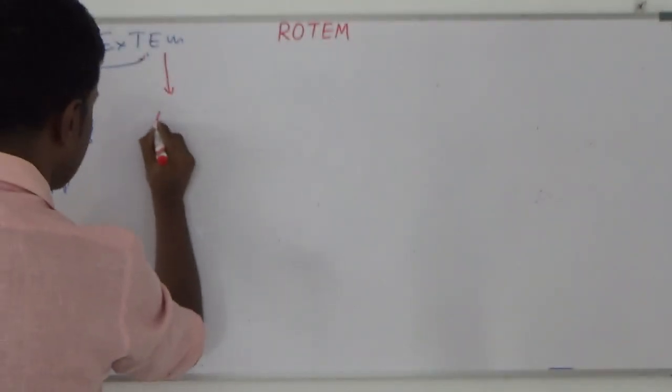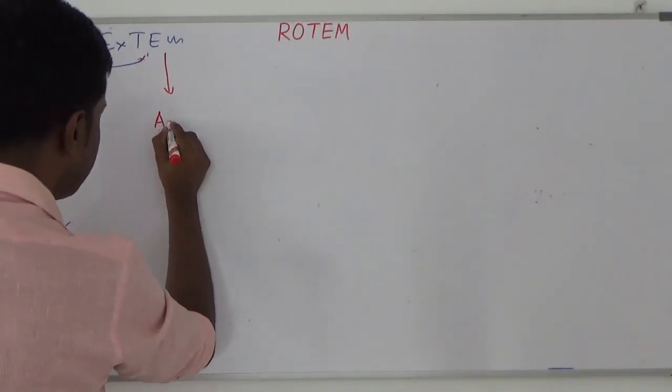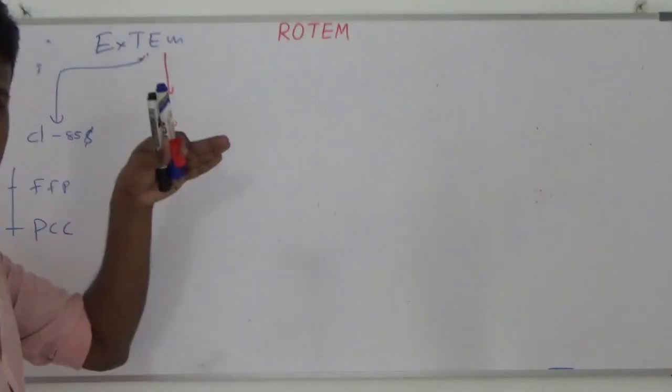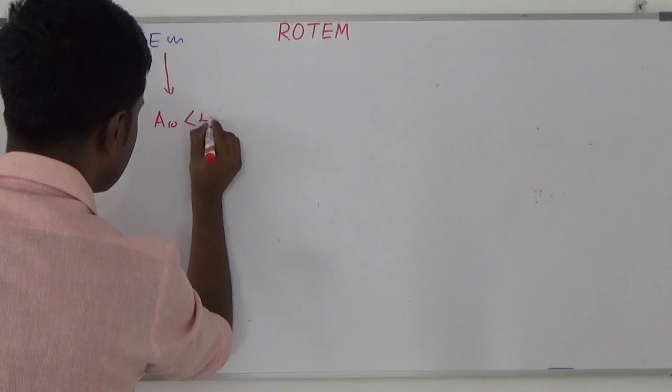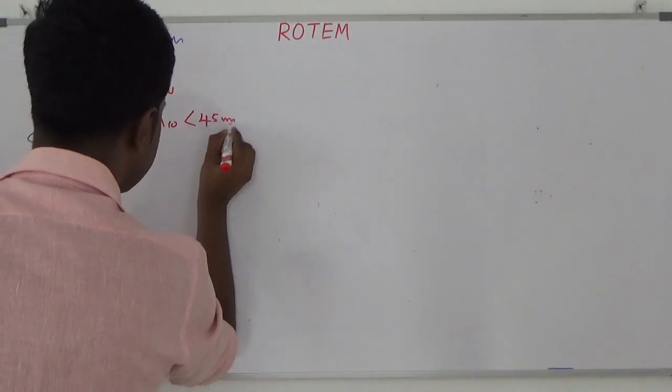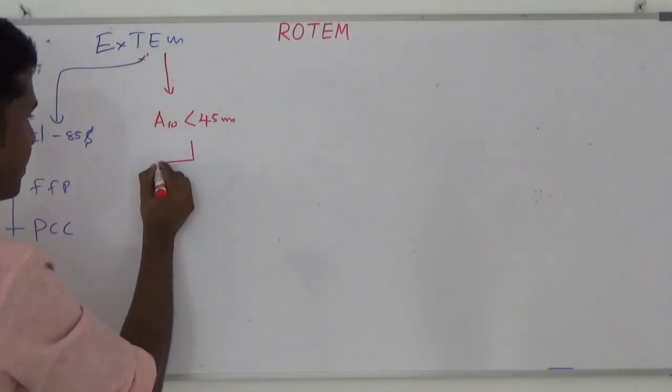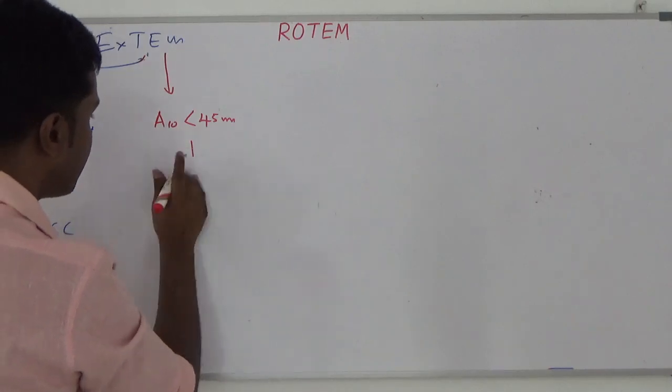Or if you find your patient having A10, that means the strength of the clot after 10 minutes, less than 45 millimeters, you have to run FIBTEM.